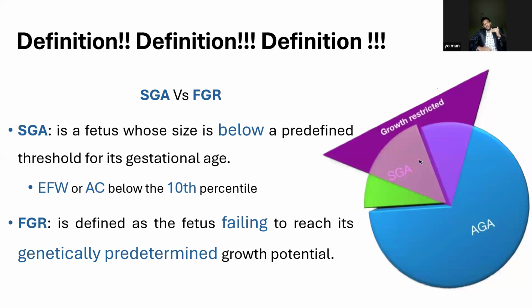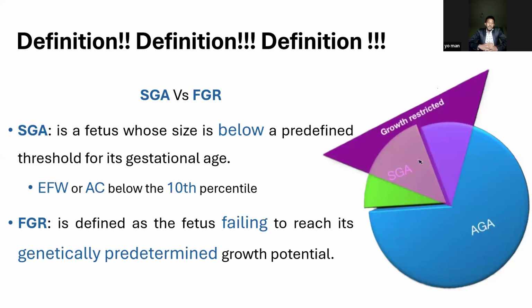As I told you before, small for gestational age is all about the fetal size. If the fetal size is below the predetermined threshold for its gestational age, which means the estimated fetal weight or the abdominal circumference is below the 10th percentile, we can call that fetus small for gestational age.